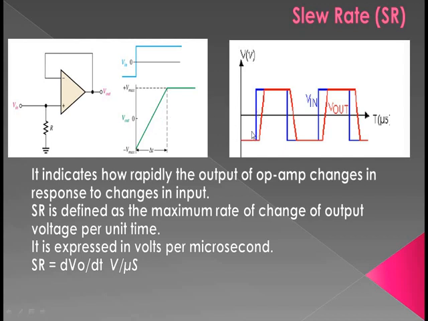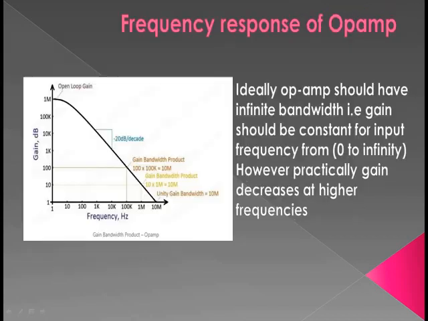Here you can see the input voltage is the blue line and the output voltage is the red line. Slew rate indicates how fast the output will change.